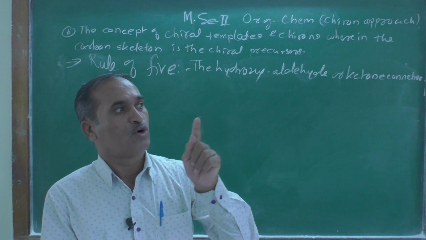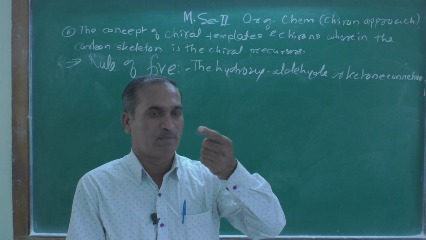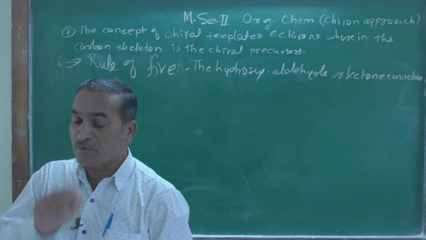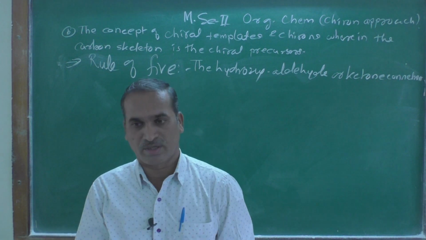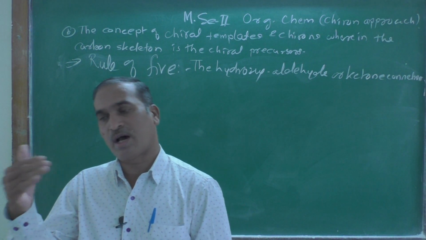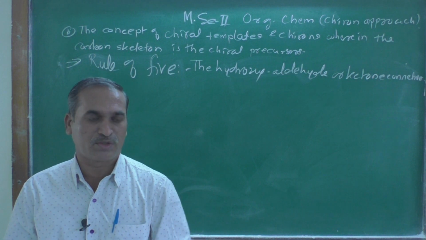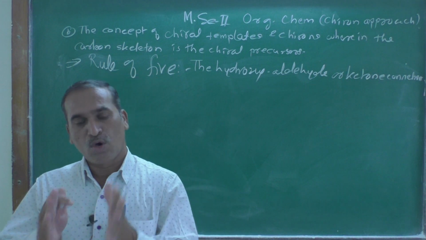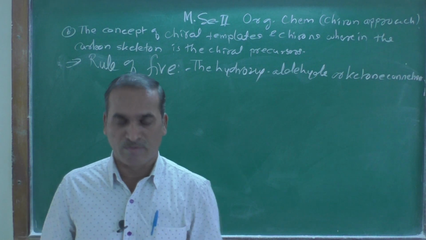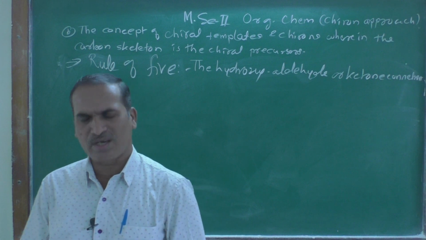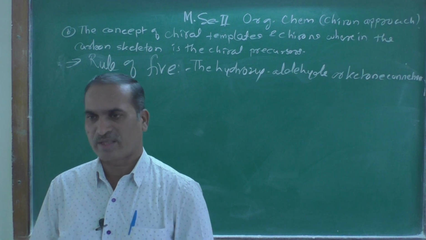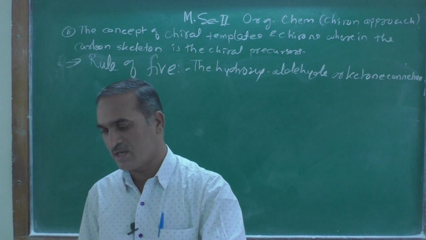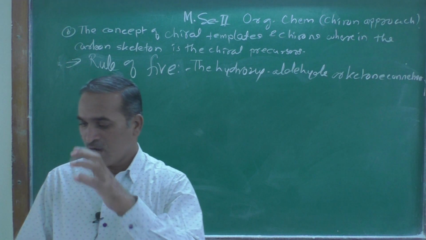At one carbon atom there is a different configuration; suppose one has an R configuration, another should have an S configuration. That type of center is known as an anomeric center. While studying carbohydrate chemistry we will see the details, but here just remember they differ by their configuration, and that center is known as the anomeric position.